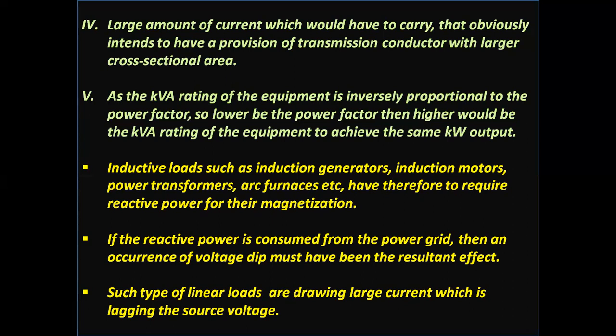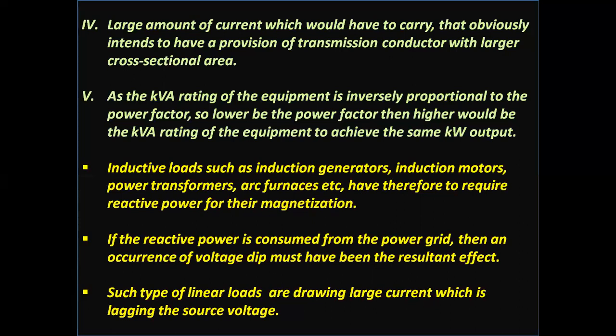As the kVA rating of the equipment is inversely proportional to the power factor, the lower the power factor, the higher the kVA rating of the equipment required to achieve the same kilowatt output.